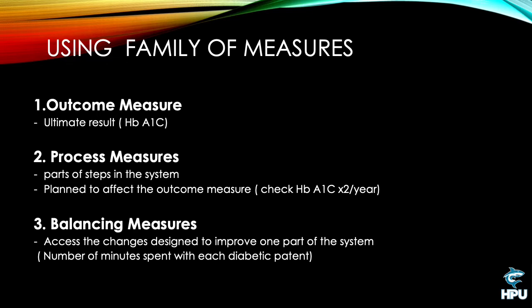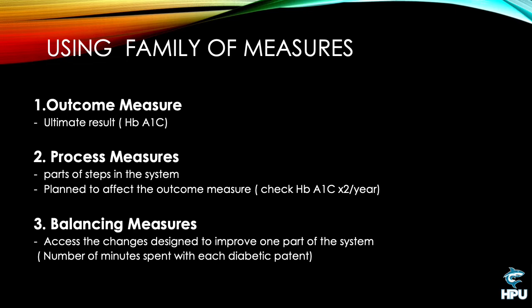On the other hand, the balancing measure is a little confusing. This one determines whether changes designed to improve one part of the system are causing new problems in other parts of the system. So let's say it's the number of minutes spent with each diabetes patient.